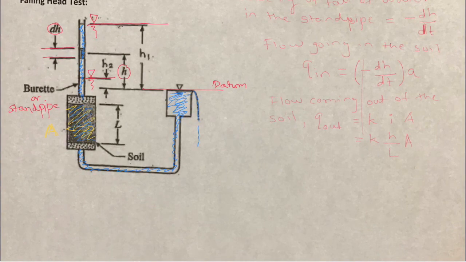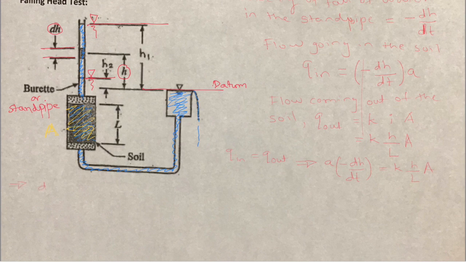Then the next step is for us to equate q in equal to q out, because whatever goes into a saturated soil needs to come out. So it simply becomes a times minus dH/dt equals K H divided by L times A.